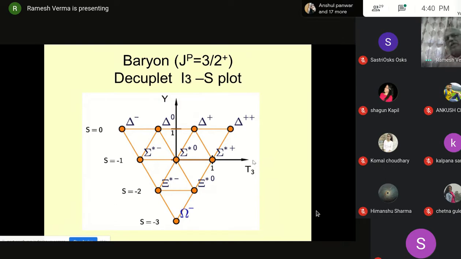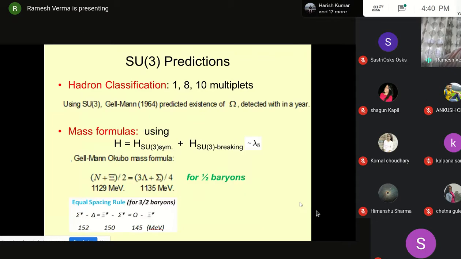So that is how you can exploit SU2 and SU3 symmetries to relate various properties of these particles among one another.